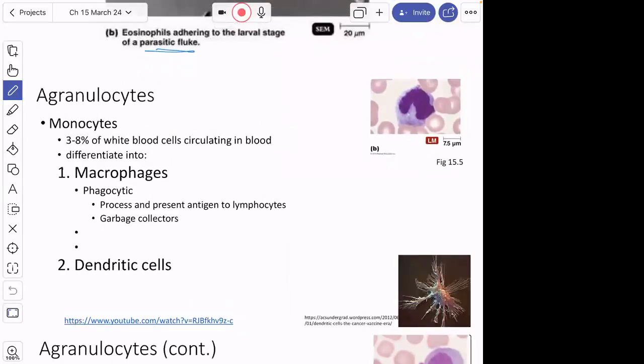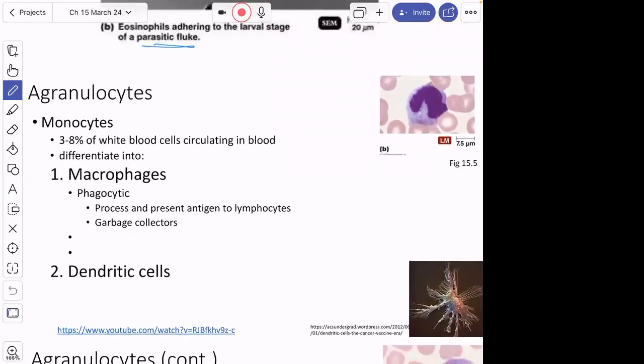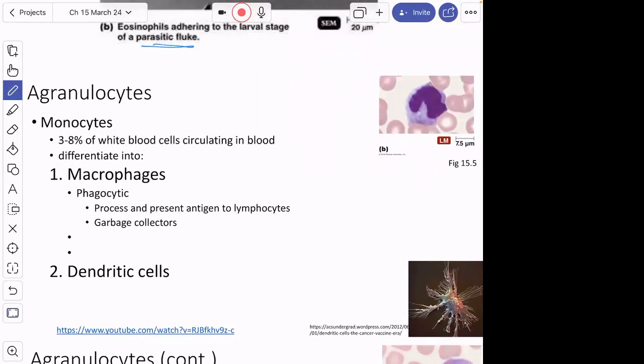Now our agranulocytes. We'll talk first about the monocytes. They also differentiated from the same kind of stem cell, the myeloid stem cell.